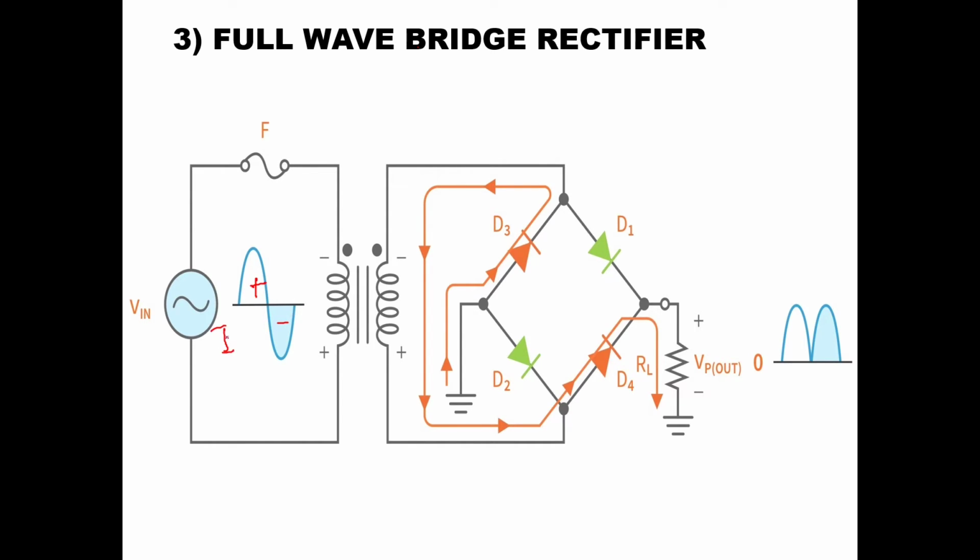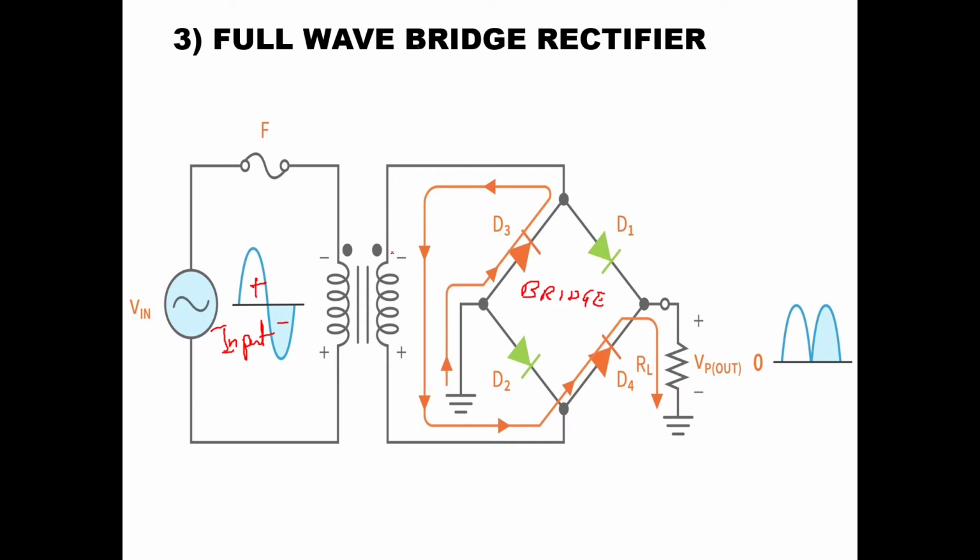This is the input, and it is applied to the primary of the transformer. Now that is given to the secondary of the transformer, and after the secondary of the transformer, you are having a bridge circuit here.